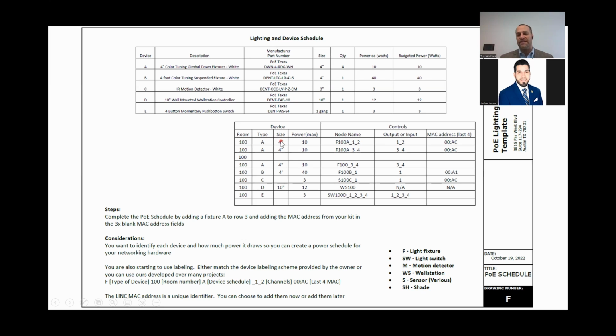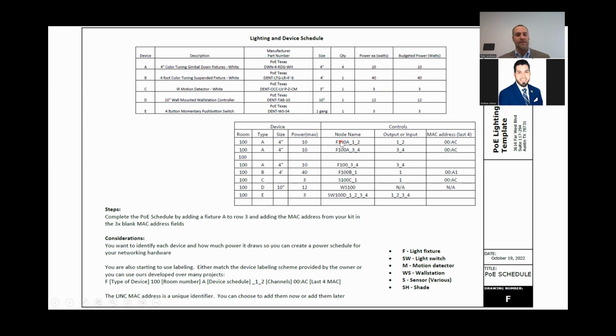I actually do list this. I know you're like, well, Tyler, it's up on the device schedule. If I'm giving this table to my field crew, I want them to know you've got this 4-inch fixture, put a 4-inch hole saw in your tool bag. That's what some of these are helpful for. I also want to mark down the power at maximum so that I know how much that device is going to draw.